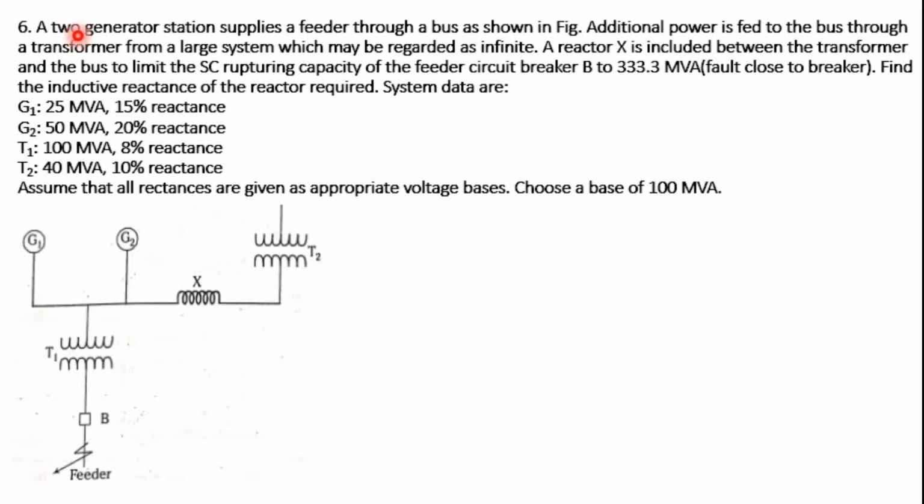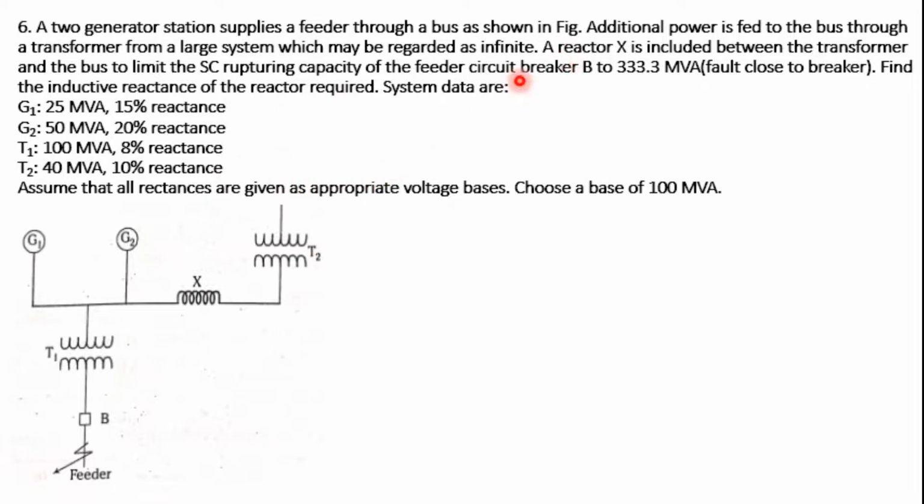This is another kind of numerical. We have two generating stations which supply a feeder through a bus, as shown in the figure. This is generator G1 and generator G2, and there is additional power fed to the bus through a transformer from a large system. With the help of T2, we can consider that there is an infinite bus connected at this point.